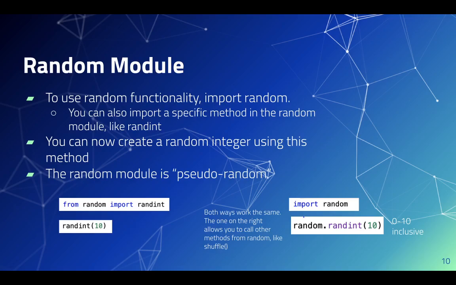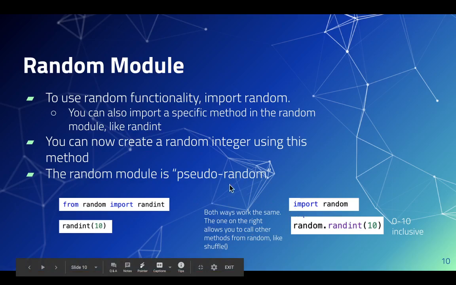And those instructions have to simulate randomness, but it's not true randomness because it's still programmed. So a computer, or the random module, helps you generate a random number. You can use the randint function from the random module to generate a random number.